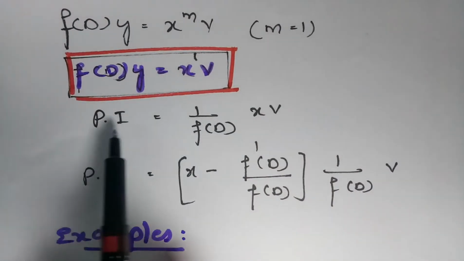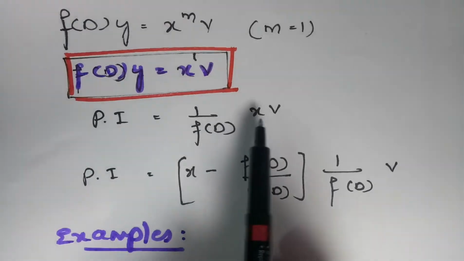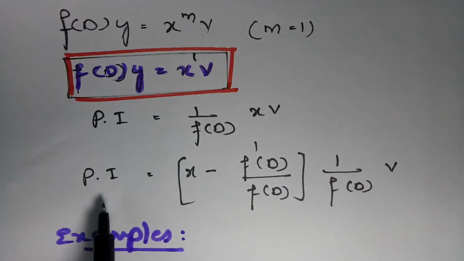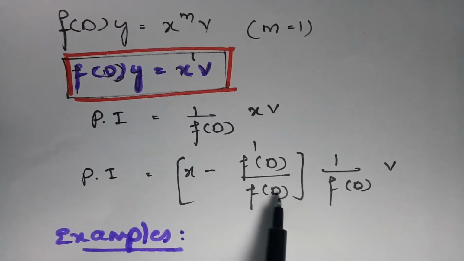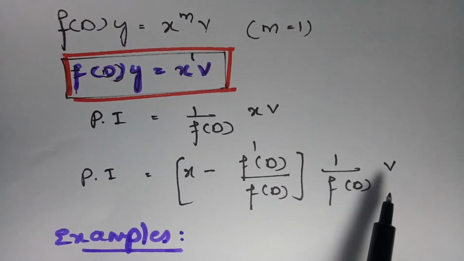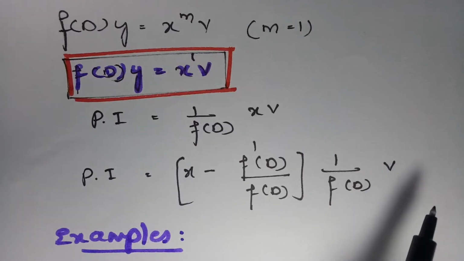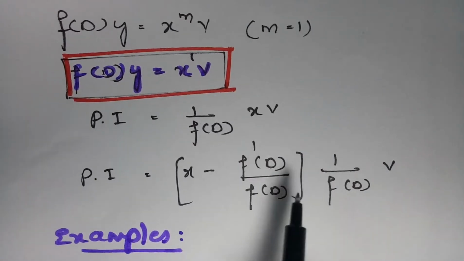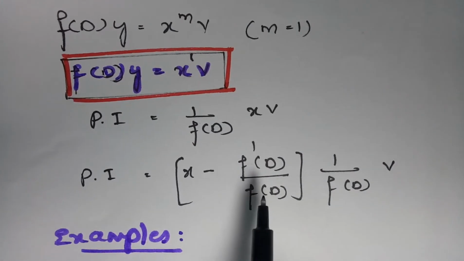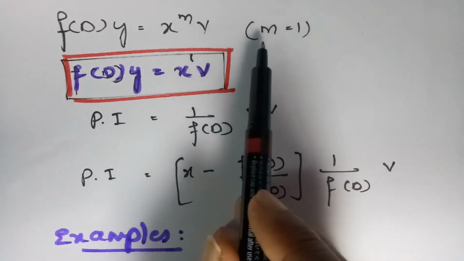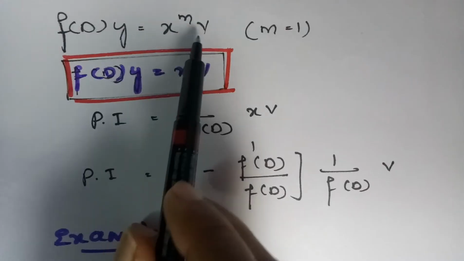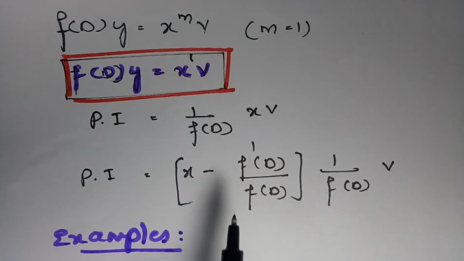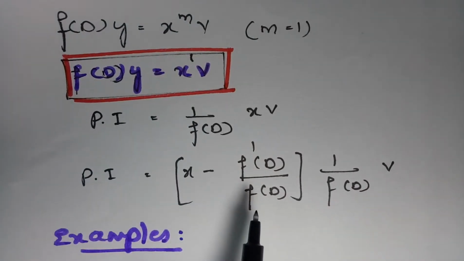The particular integral of 1 by f of D into x v is equal to x minus f dash of D by f of D into 1 by f of D into v. Using this formula, I will solve problems when m is equal to 1, x^1 into v.